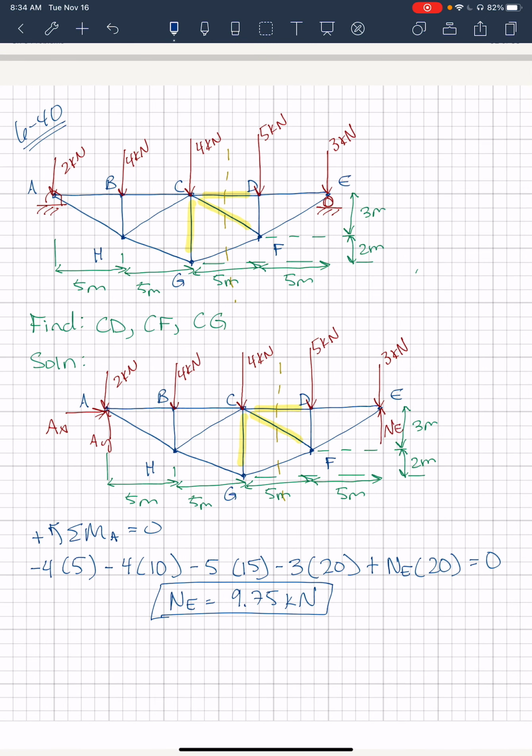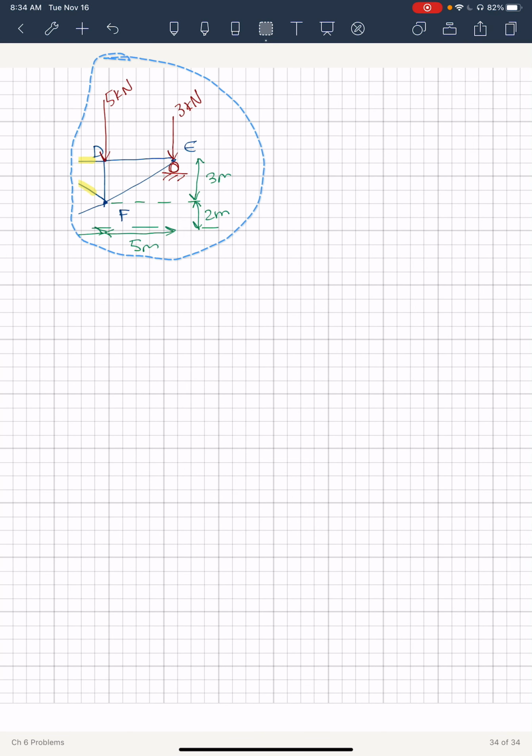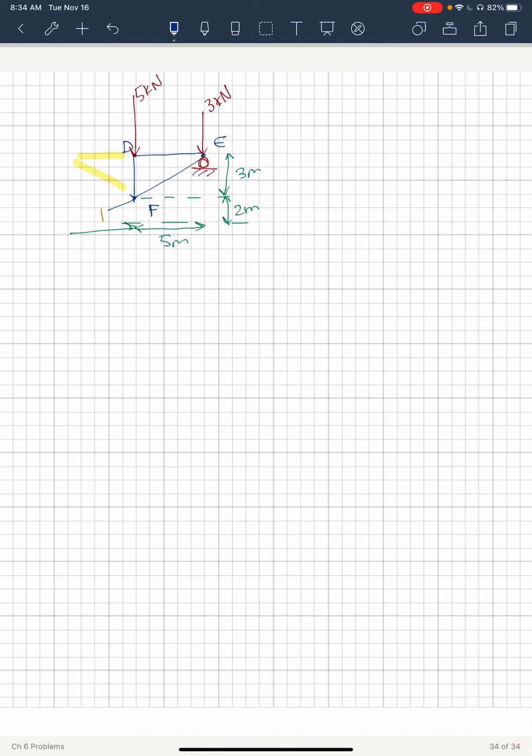So now we can take that right-hand side section to solve for CD and CF. We're going to have this one up here, which is CD.